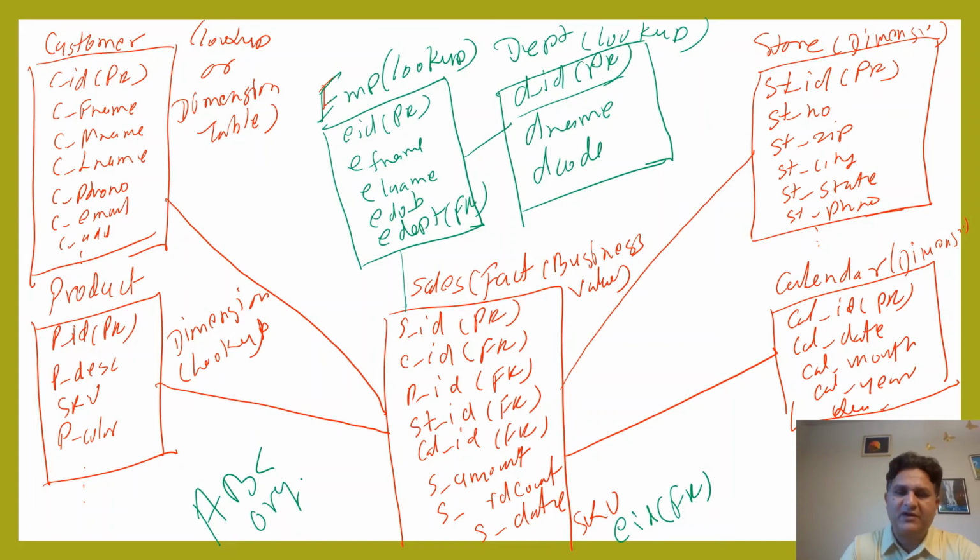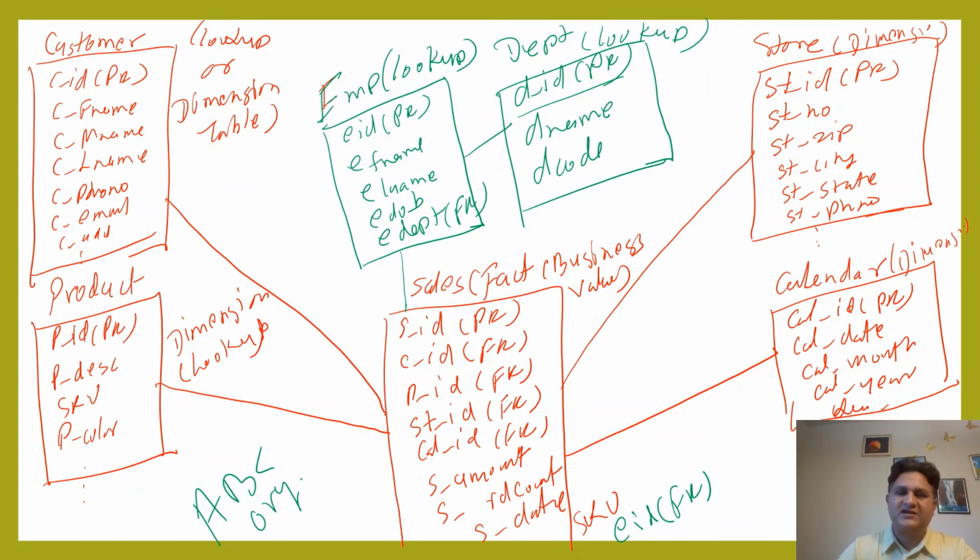If you are looking at a little bit complex kind of join, then this kind of schema we say is snowflake. In star schema, the fact is in the center, which has the business value, surrounded by the lookup tables, right? But in snowflake, you have a lookup table that is connected to another lookup table. There may be one or more lookup tables connected. If this kind of scenario comes, it's purely a snowflake schema.